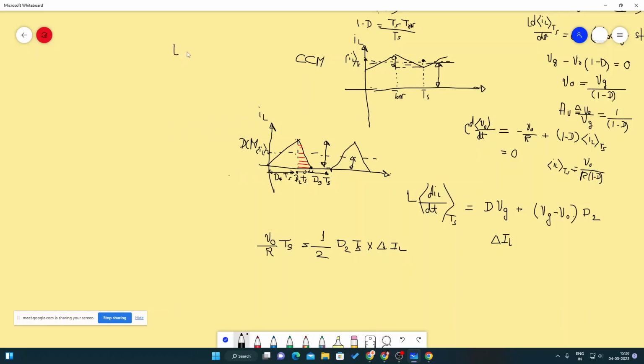It was L dIL by dt equals Vg minus V0. From here I can write delta I equals Vg minus V0 by L, and dt will be how much? D2TS, right?